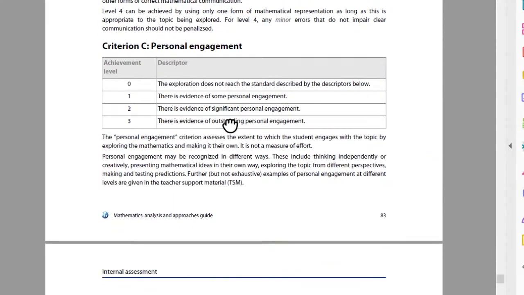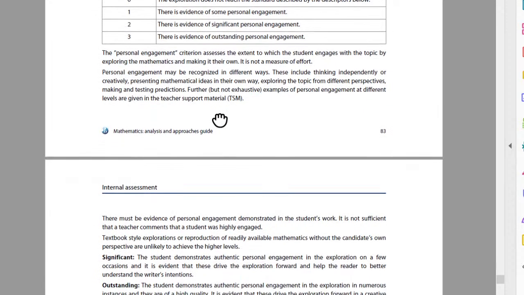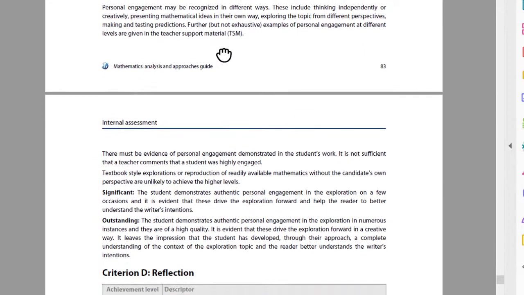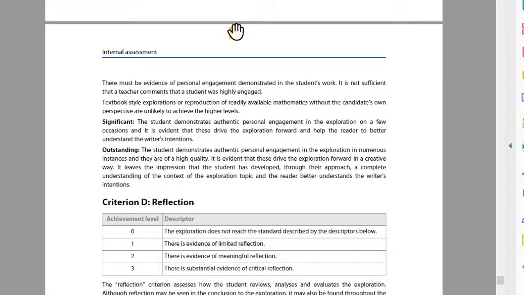Now we get to personal engagement. Some personal engagement, significant personal engagement. The student demonstrates authentic personal engagement in the expression, and these drive the expression forward and help the reader to better understand the writer's intentions.